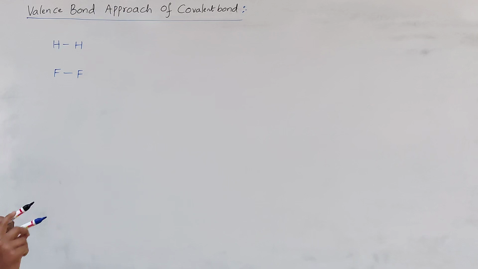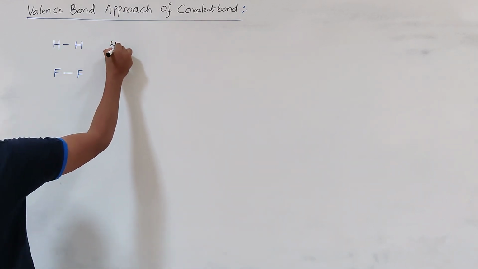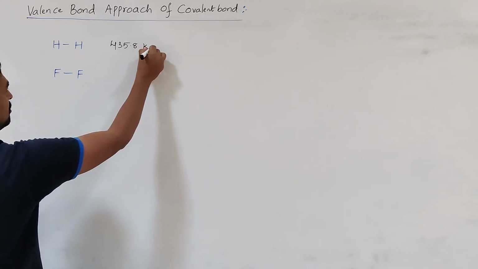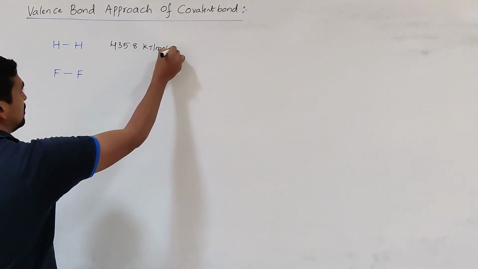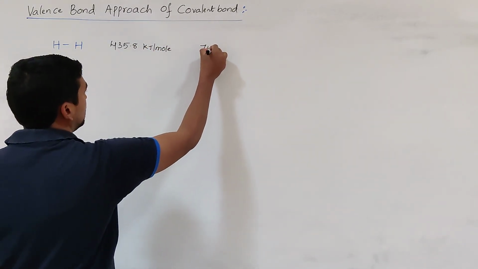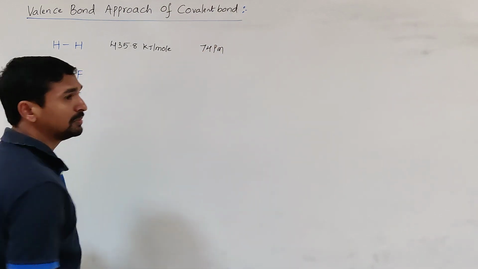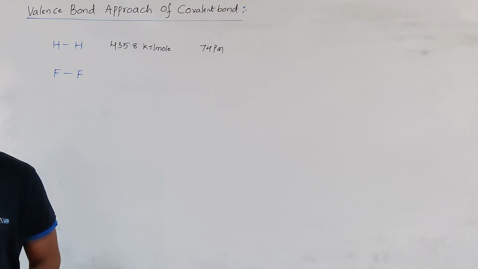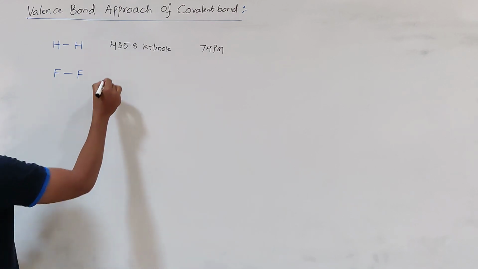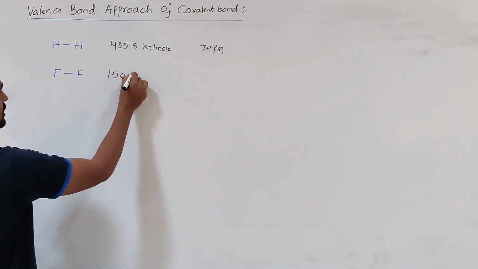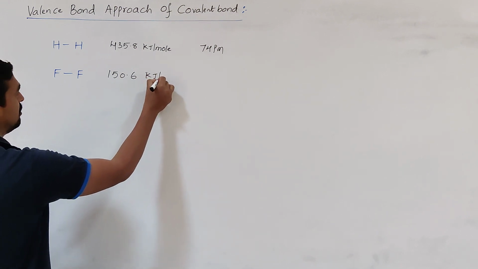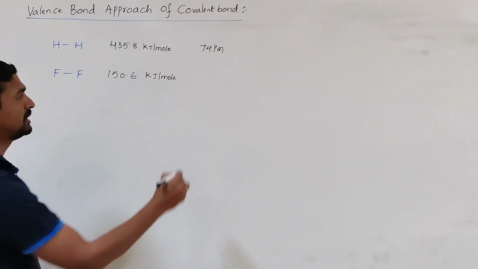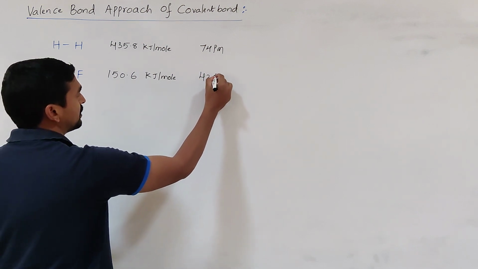The bond dissociation enthalpy in the case of the hydrogen molecule is 435.8 kilojoules per mole, whereas the bond length is 74 picometers. But in the case of the fluorine molecule, the bond dissociation enthalpy is 150.6 kilojoules per mole, whereas the bond length is 142 picometers.